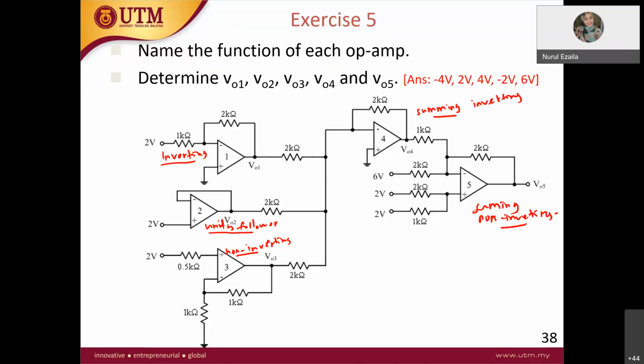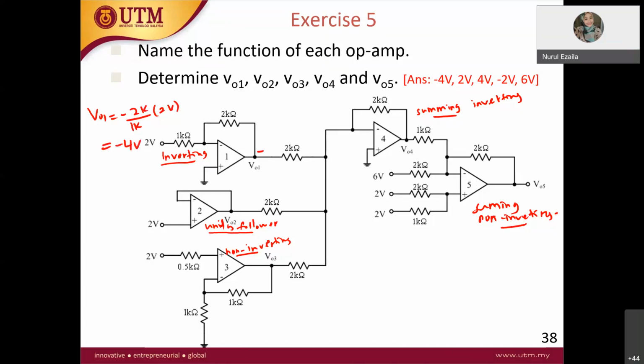So for op-amp 1, you need to find the V out 1. Since this is inverting, you have the equation: negative 2K over 1K times the input 2 volt. Therefore, V out 1 here, you will get negative 4 volt.